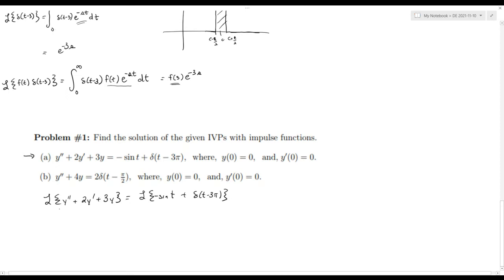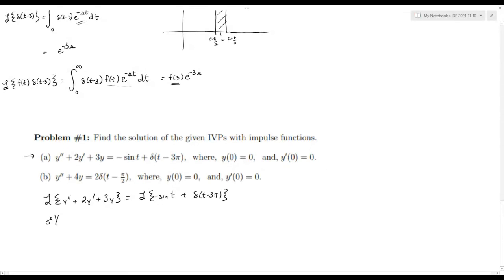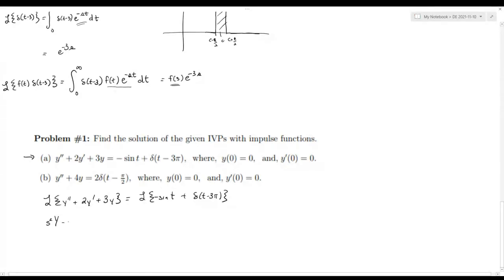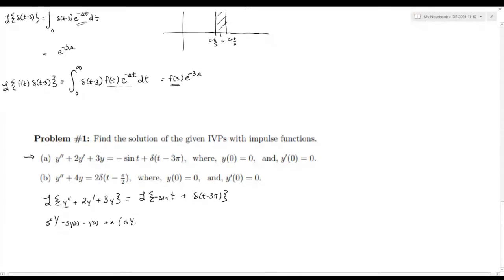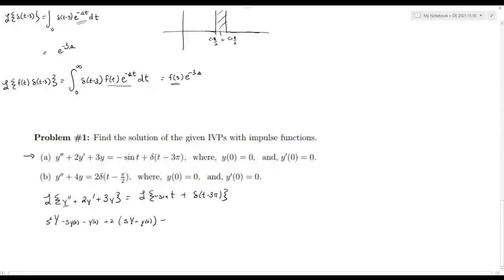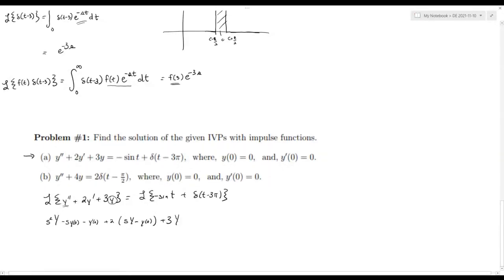The Laplace transform of y double prime, we know, is s squared Y, big Y, a function of s, minus s y naught minus y prime at 0. Okay, that's from the Laplace transform of y double prime. Then we have plus 2 times the Laplace transform of y prime, and plus 3 times the Laplace transform of y, which is unknown, so big Y.